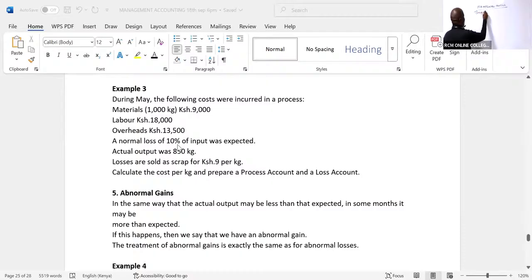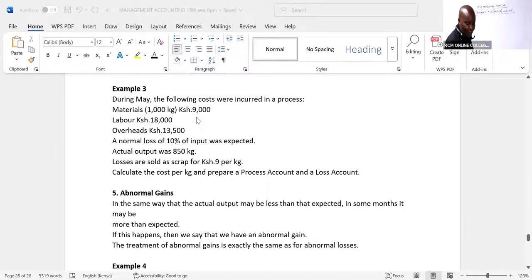A throughput account, which basically is an account which gives us movement of units. Very, very important. Movement of units account.